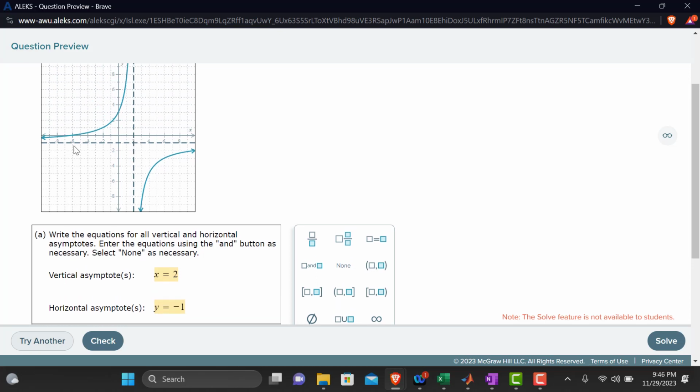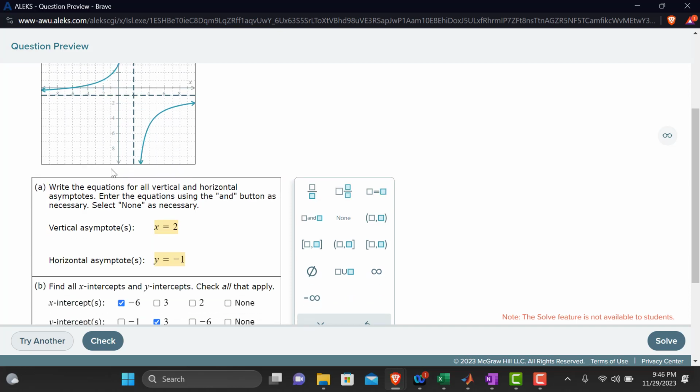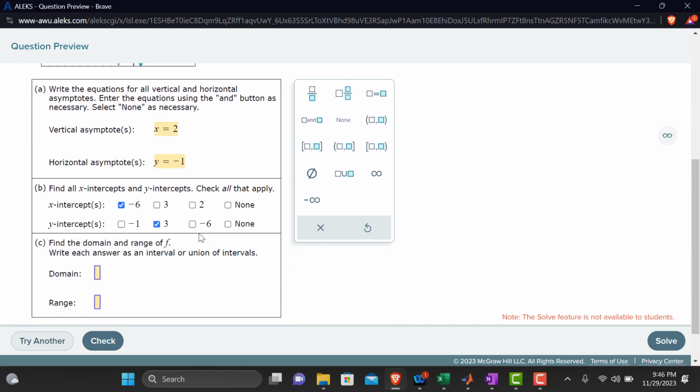So the domain here goes from -infinity all the way to +2, and then we need to jump to the other side of 2, and then we can go from 2 all the way to +infinity, right? So we need to skip over that 2. The vertical asymptote goes with the domain, and this is always going to be true. The vertical asymptote and the domain hand in hand.